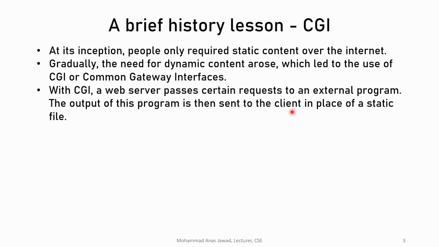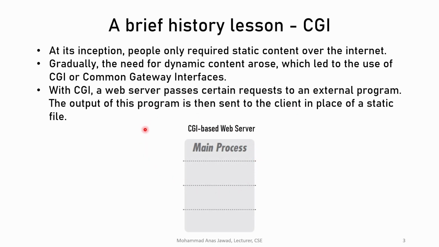So if we look at a CGI-based web server here, imagine that I have a client, and this client is passing on a request that needs to be handled by a CGI program called CGI1. Okay, so when the client sends this request, the server takes this request and spawns a child process for the CGI1 program.